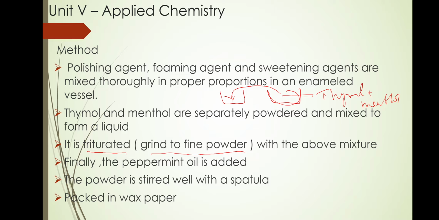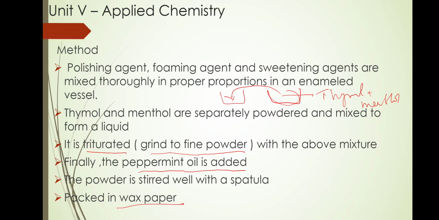Then after that we will add peppermint oil. Then it will be stirred well so that everything is uniformly spread. Now it is packed in wax paper. So what are the things? Polishing agent is calcium carbonate or magnesium carbonate. Foaming agent is soap. Sweetening agent is saccharin. These three will be mixed thoroughly in an enamel vessel. In another vessel, thymol and menthol will be mixed so that they convert to a liquid.